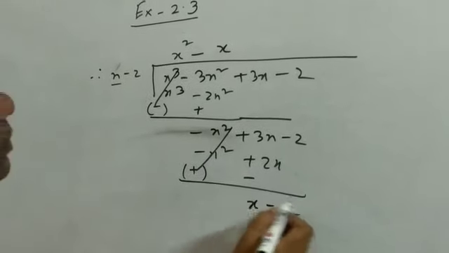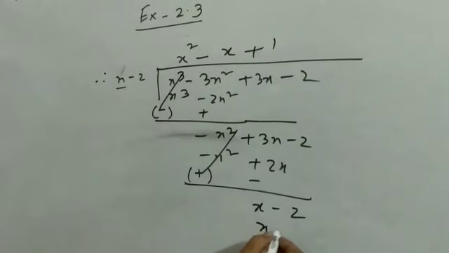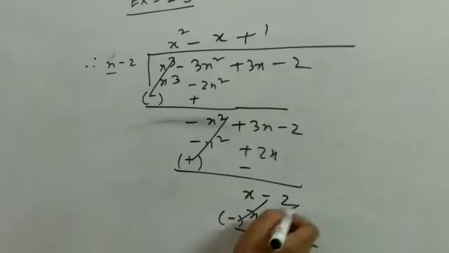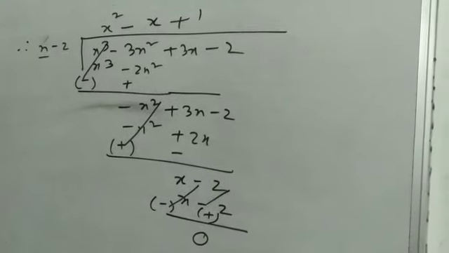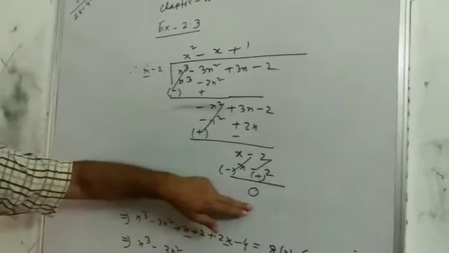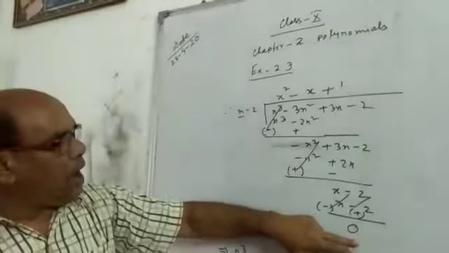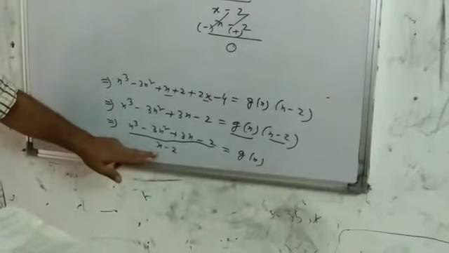So x minus 2. Here the term is 1. So x minus 2, it is minus, it is plus. So this term cancels to 0. Is that clear? So the remainder is 0. And in this type of problem generally we get the remainder 0.